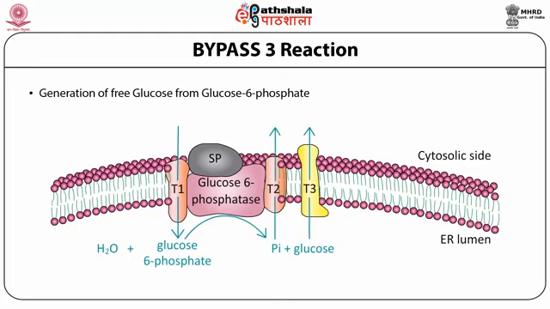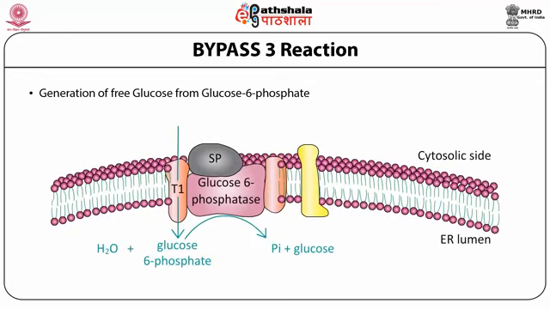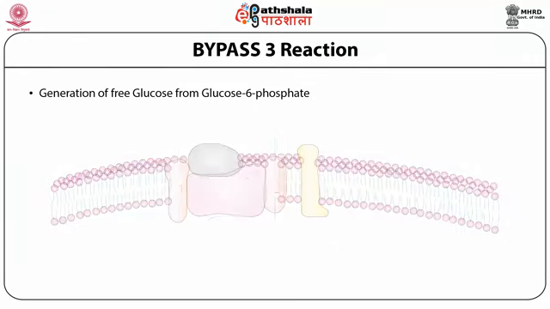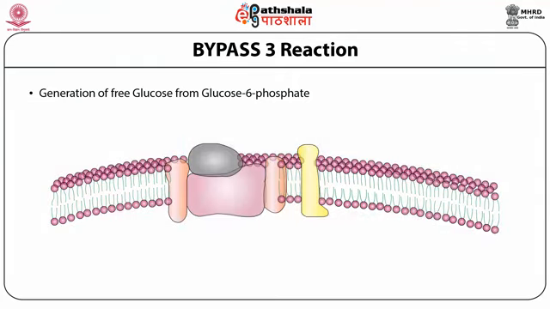When glucose 6 phosphate enters from the cytosolic side into the endoplasmic reticulum lumen, once it is inside, it is converted into glucose releasing phosphate.